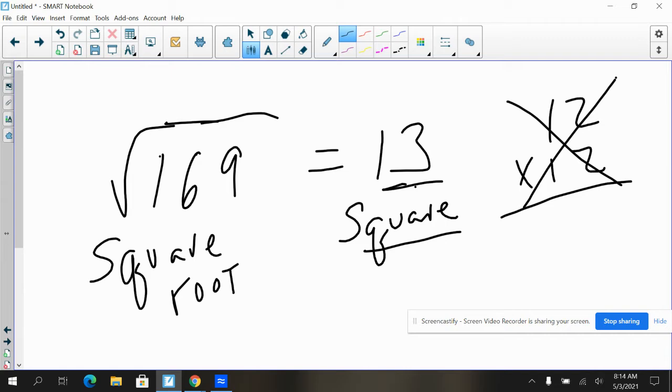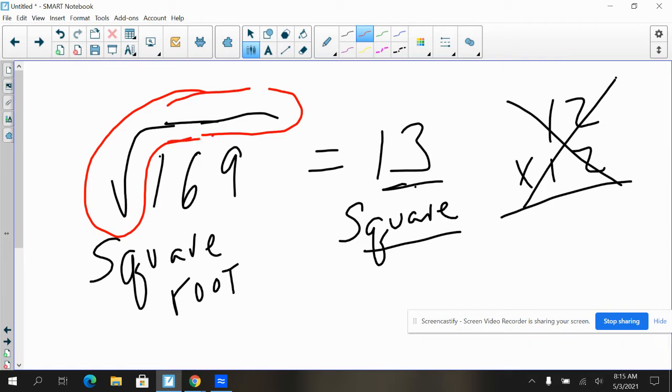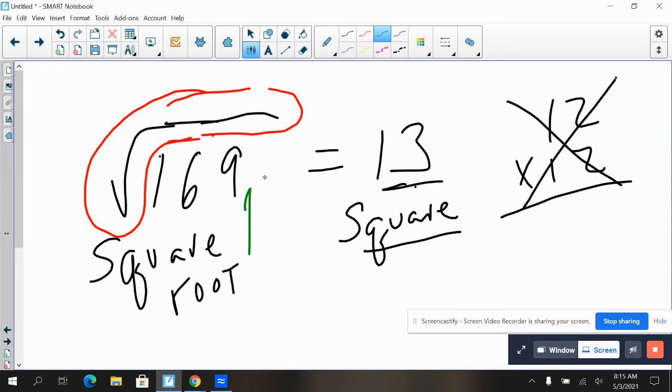It's pretty simple. If they say square root, then it has this sign right here. Do you know what that sign is called? It's called a radical sign.